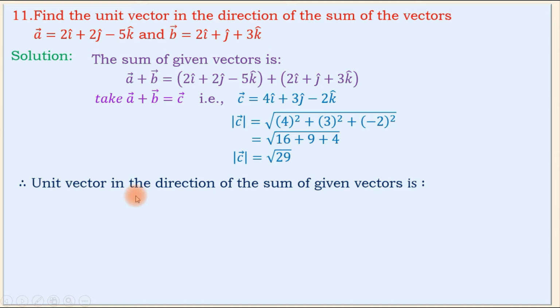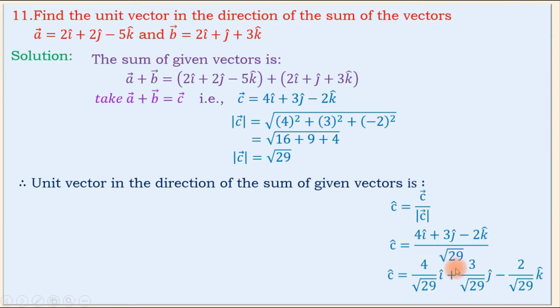Now unit vector in the direction of sum of the given vectors is c cap equals c vector divided by magnitude of c vector, that is c vector equals 4 i cap plus 3 j cap minus 2 k cap. Now split the terms: 4 by root 29 i cap plus 3 by root 29 j cap minus 2 by root 29 k cap.